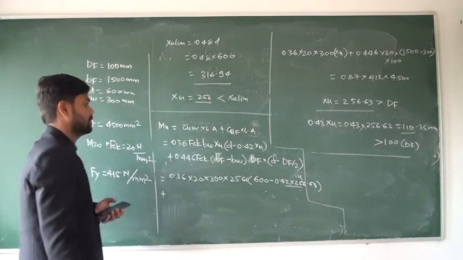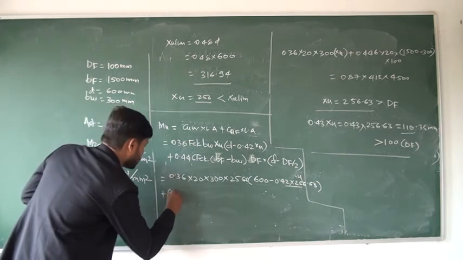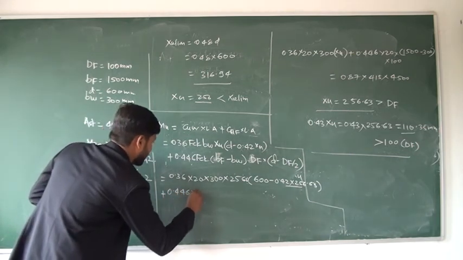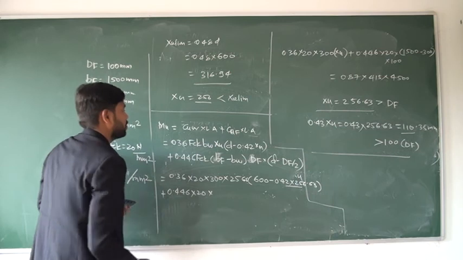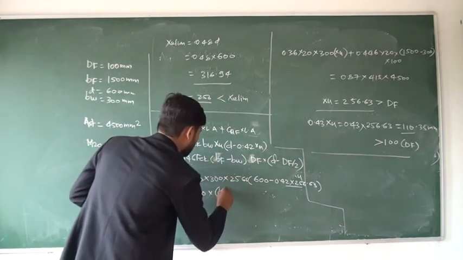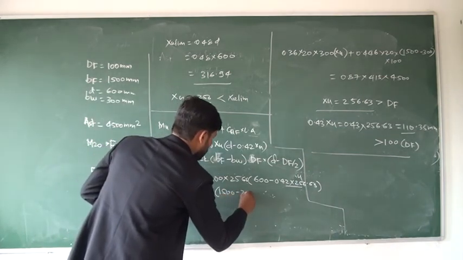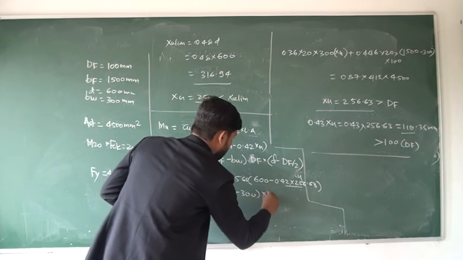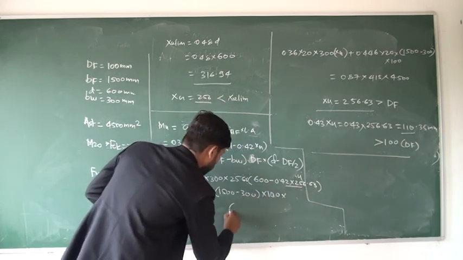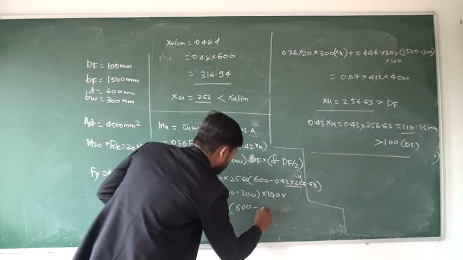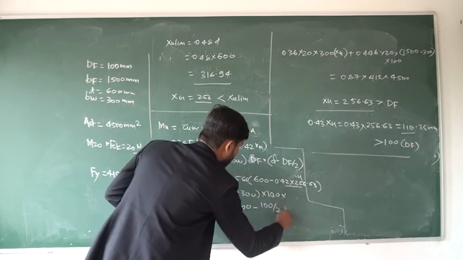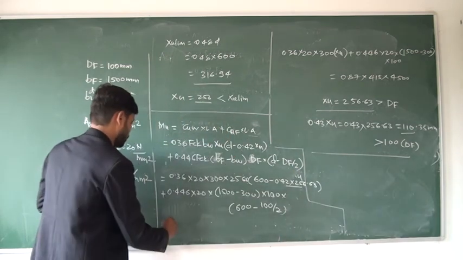Then second, 0.446, FCK is 20, BF is 1500 minus BW 300, DF is 100, into 600 minus 100 by 2, that is D minus DF by 2.